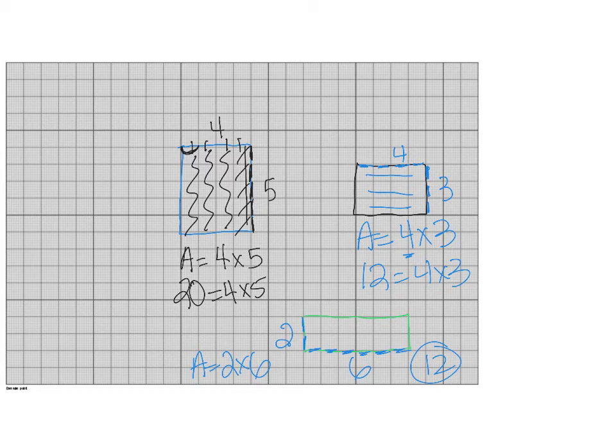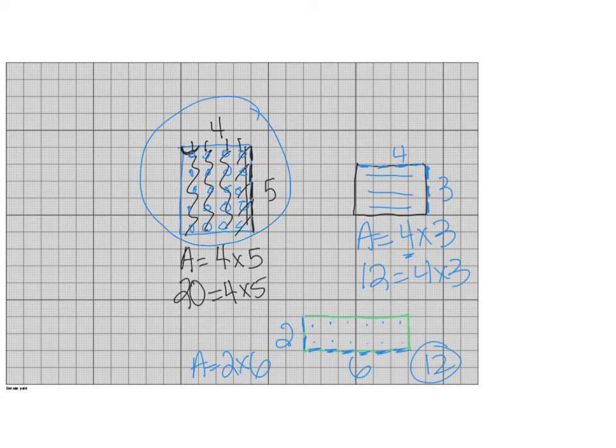And if I double checked, 1, 2, 3, 4, 5, 6, 7, 8, 9, 10, 11, 12. I have 12 squares. So if we go back and look at the other ones, this one had 20 squares. So if I counted the inside, that's 20.